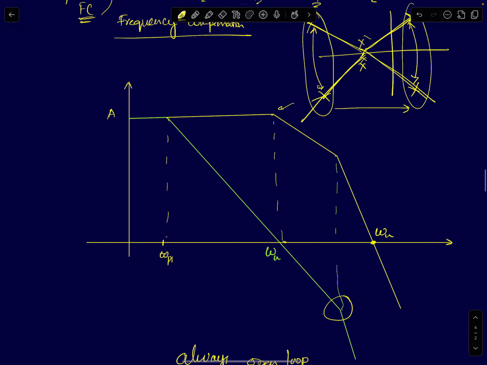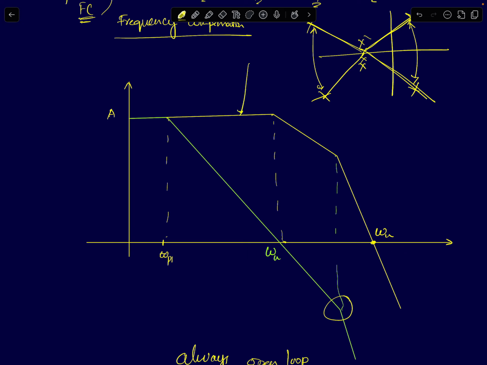So what happens when you frequency compensate? I'll talk about Miller compensation very briefly here. Again, I'll not go into the details. When I offer a course on op-amp design, I'll go into great detail about Miller compensation. But right now I'll take you through it very briefly. What does Miller compensation do? Let's start with the open loop frequency response.